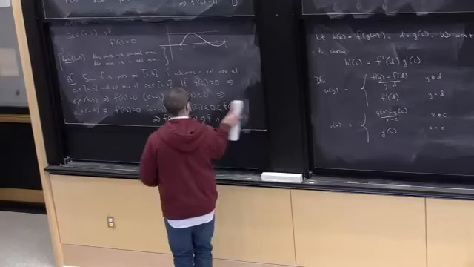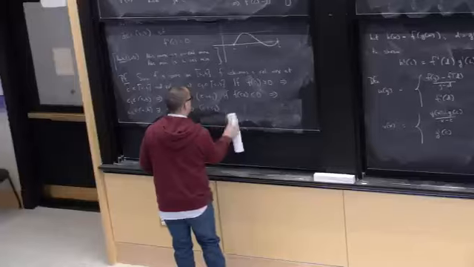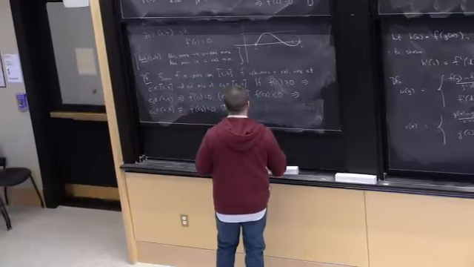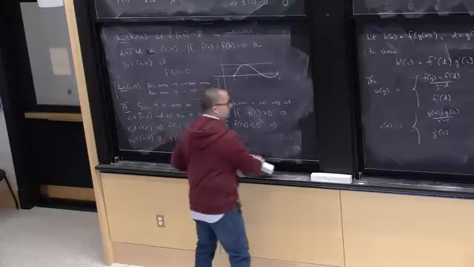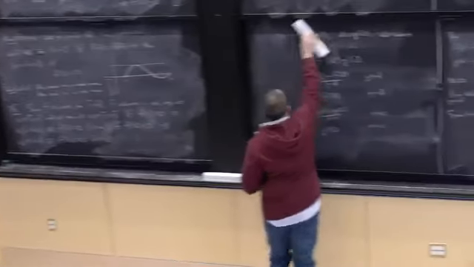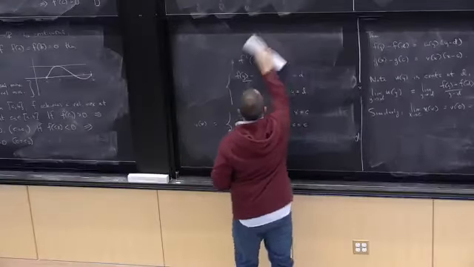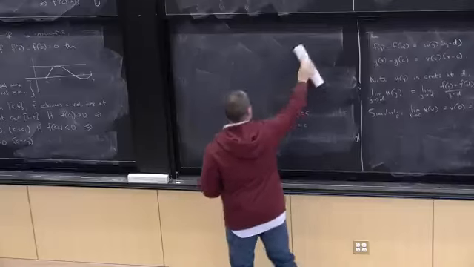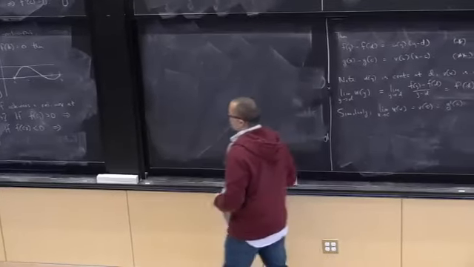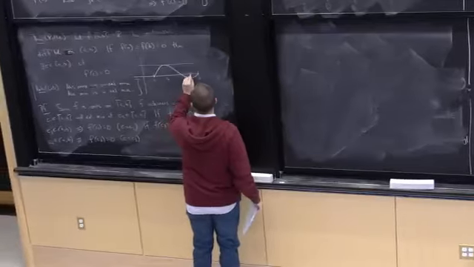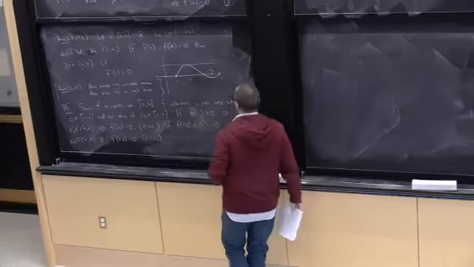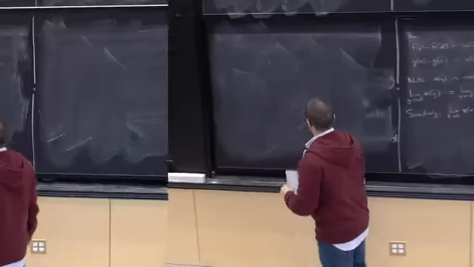Okay, so rather than state it this way, let's do it like this. So in terms of the picture here, this would be C1, C2, where we achieve a max and a min.